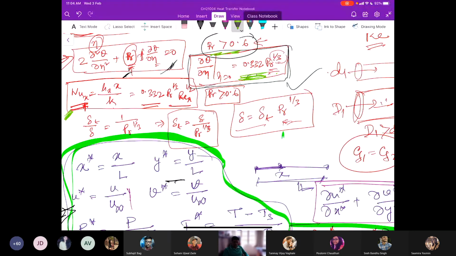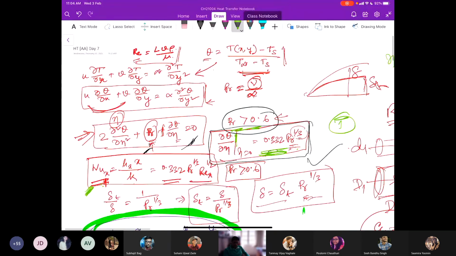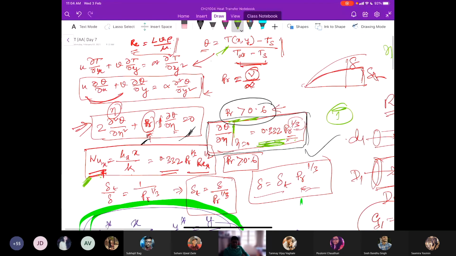Then what we do is, for the Nusselt number, we have seen that dou T by dou y at y equals 0 essentially is the Nusselt number. So there we put this one. Because theta has been written in terms of temperature, did you get my point?